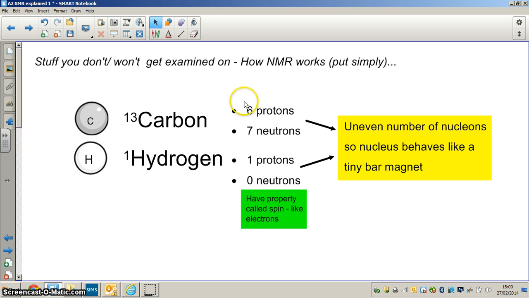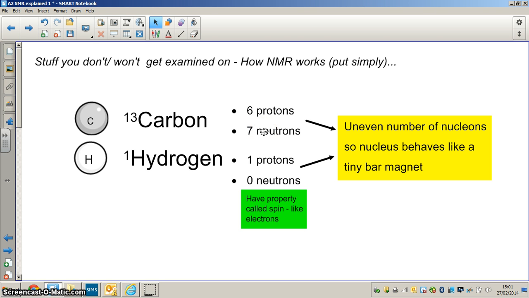Now, we can envisage that protons and neutrons behave much like electrons in that they have spin. So, in the nucleus of a carbon-13 atom, we have 6 protons with spin and 7 neutrons with spin.